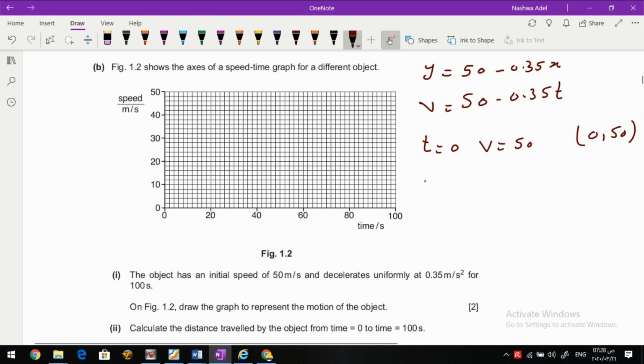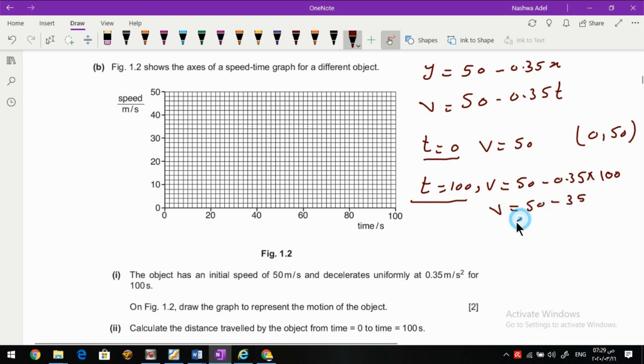Okay, then at t equal 100, I need 2 points. So I took this point to be the first, and this is the next. v equals 50 minus 0.35 times t, which is 100. So we can get v equals 50 minus 35.